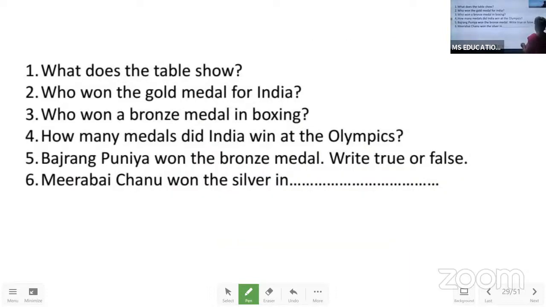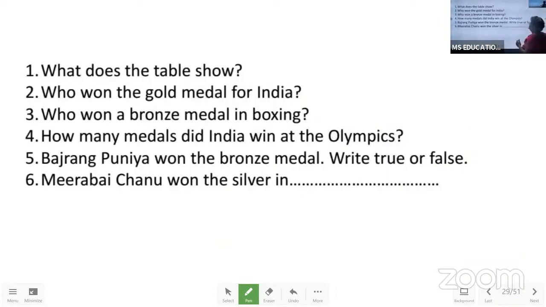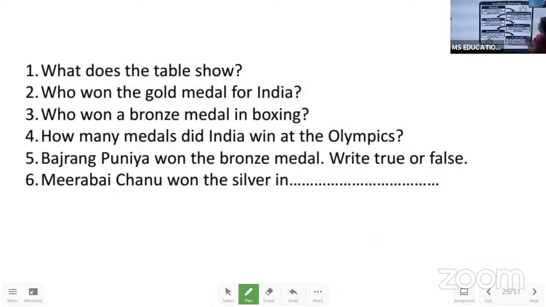What does the table show? Very easy, it's highlighted. India's medal tally at Tokyo Olympics is the answer. Next is who won the gold medal for India? There's only one, Neeraj Chopra in the men's javelin throw. Next is who won a bronze medal in boxing?